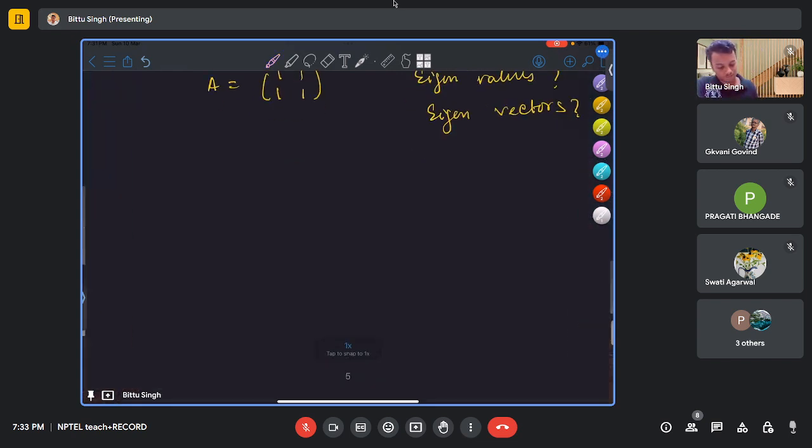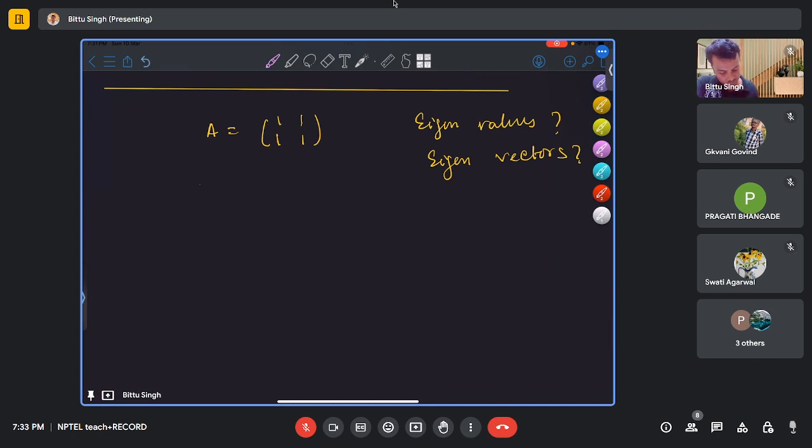So let lambda be an eigenvalue. Then this is the same as det of A minus lambda I equal to 0.